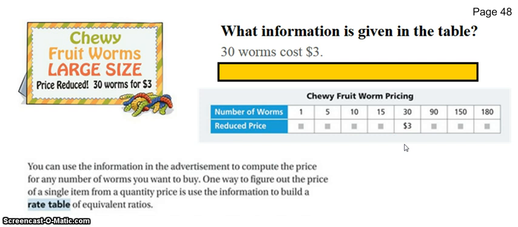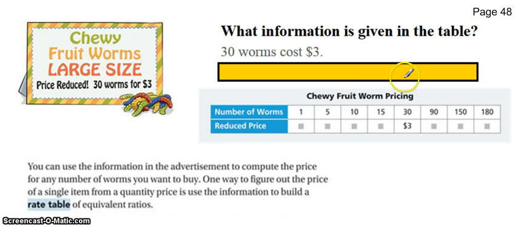This table is also drawn for you on Lab Sheet 2.3, so you'll be able to fill it in on Lab Sheet 2.3. So to get you started, some of the reasoning might be that if we know that 30 worms cost $3, I'm going to look for a relationship between 30 and 90. I know that 30 times what gives me 90.